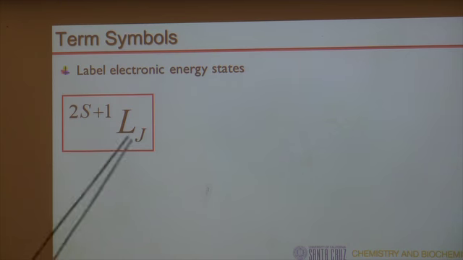The main part here is the quantum number for the orbital angular momentum, L. And 2S plus 1, where S is the spin quantum number, is a superscript. So it's not S, it's actually 2S plus 1. It's talking about the degeneracy, but anyway, it's just 2S plus 1. And J is the total angular momentum quantum number.